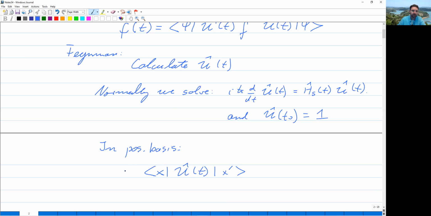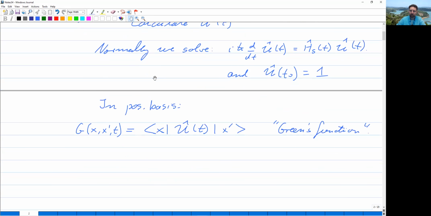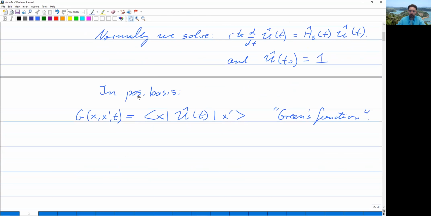And then this is a function of the time and of x and x prime. It is called the Green's function. So the time evolution operator, when written in the position representation, is the Green's function of our theory. And then the normal way to solve for the Green's function is this.